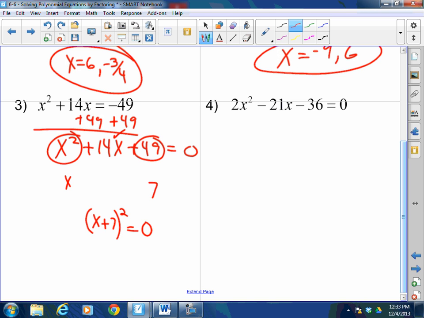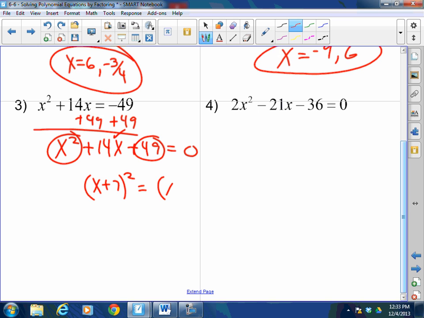Now, don't let that squared scare you. How do I get rid of a power of 2? Square root it. Then I got x plus 7 equals 0. Or, why don't we do this? You know it's x plus 7 squared.